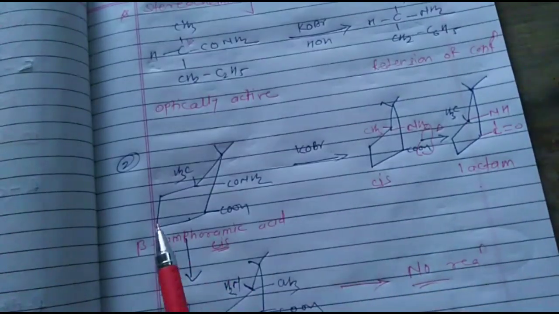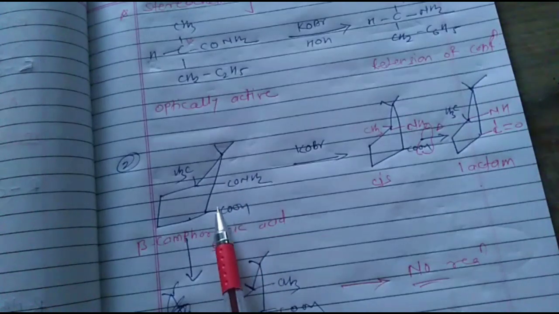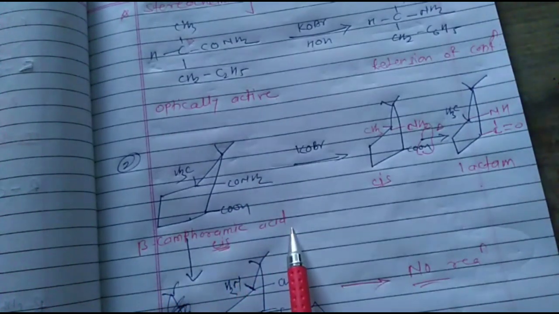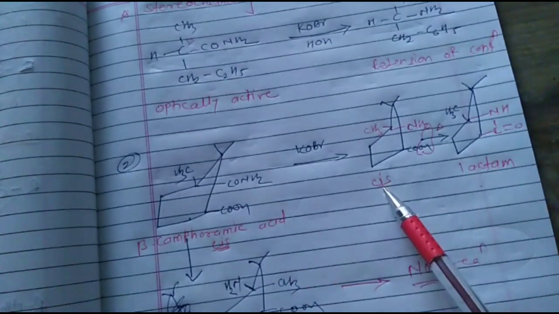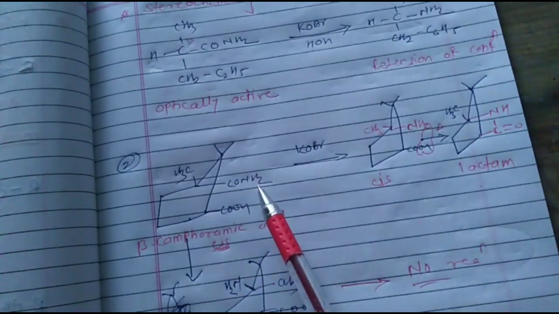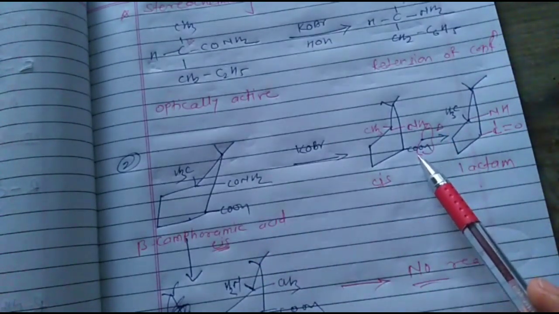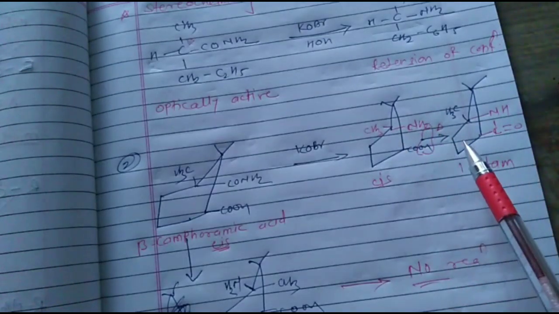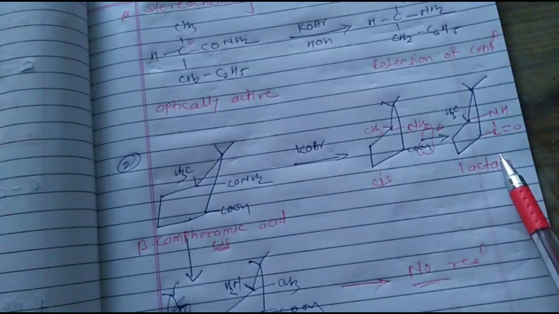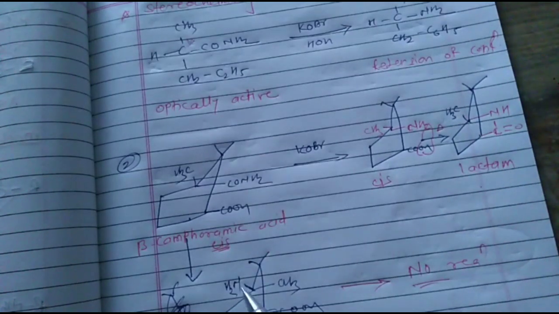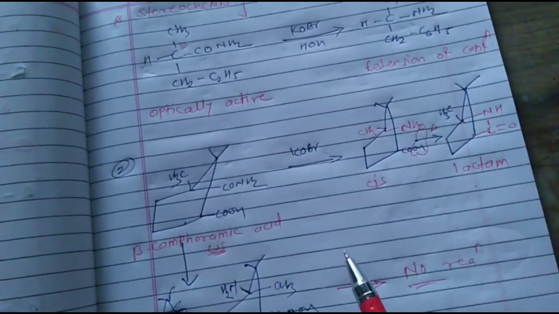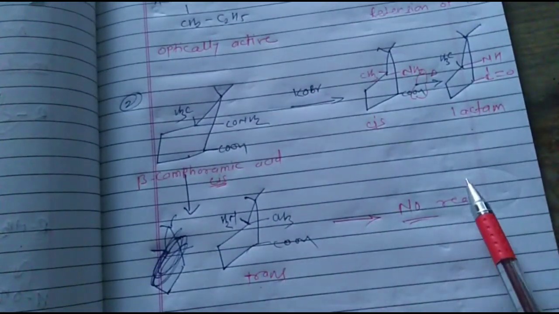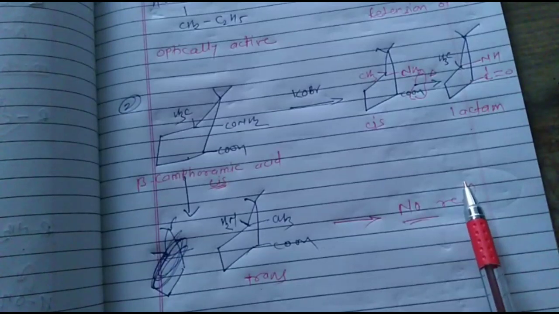But here, whenever this COOH is attached to this compound, in the case of beta camphoramic acid, whenever we get the cis product, the COOH and NH2 are near to each other, and that's why there is a formation of the lactam. And if we get the trans product, the COOH and the NH2 are far away from each other, so further reaction cannot take place.